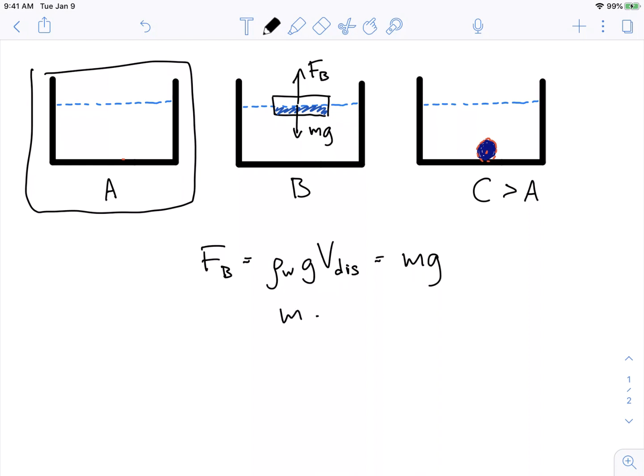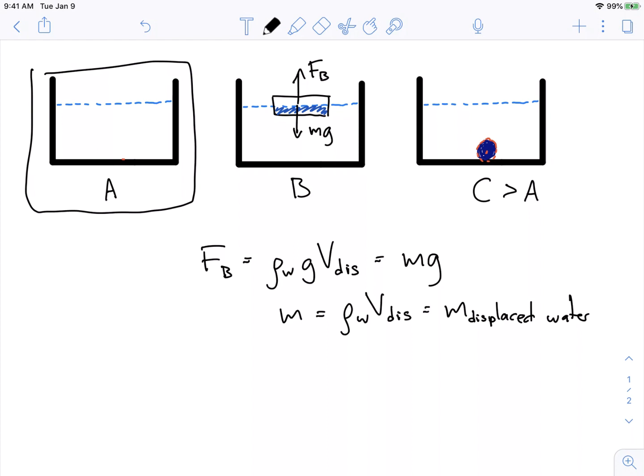So the mass of the object is then equal to rho water times V displaced. The total mass of this object is equal to the mass of displaced water.